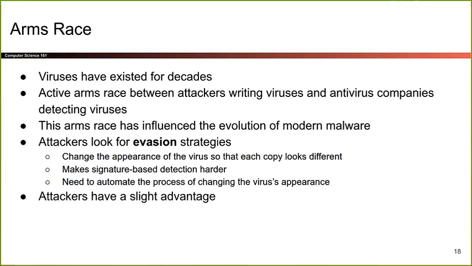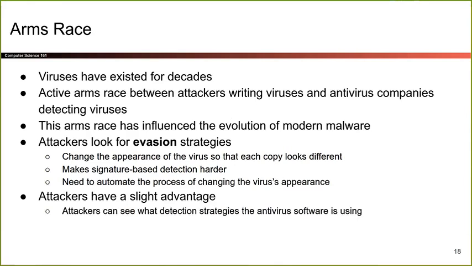So in this race, there's not a clear winner because both sides are kind of going back and forth. But if you had to ask who had the advantage, it would probably actually be the attackers. And the reason there is because attackers move second. So the attackers can see what the antivirus is doing and then write evasion strategies to go around the antivirus. So it's kind of like the attacker knows the system. That gives the attackers a little bit of an advantage because the antivirus goes first and says, here's my defense.